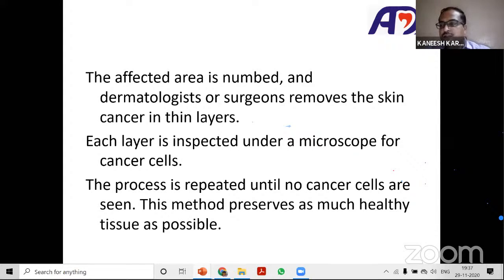Generally, we remove the cancer in toto with a hemimandibulectomy for oral cancers or alveolar cancers, but this is for basal cell carcinoma of the skin. So they remove the cancer in thin layers, and each layer is inspected under the microscope for cancer cells. The process is repeated until no cancer cells are seen.